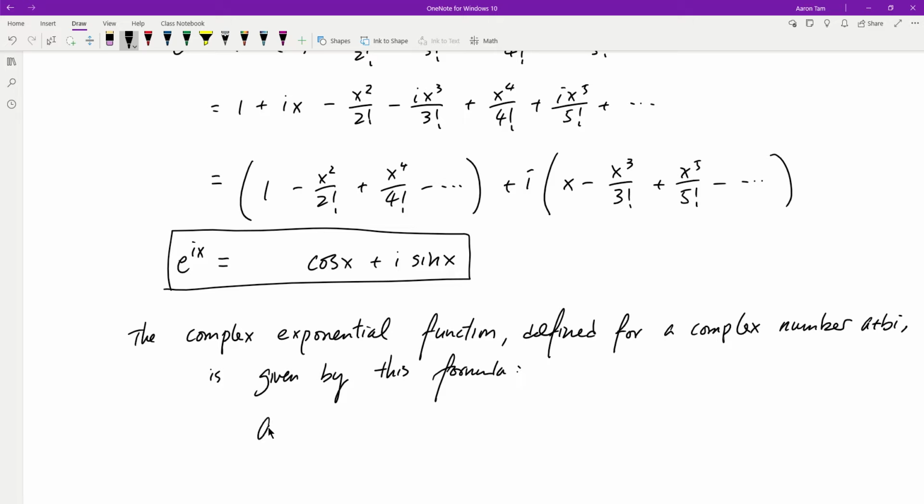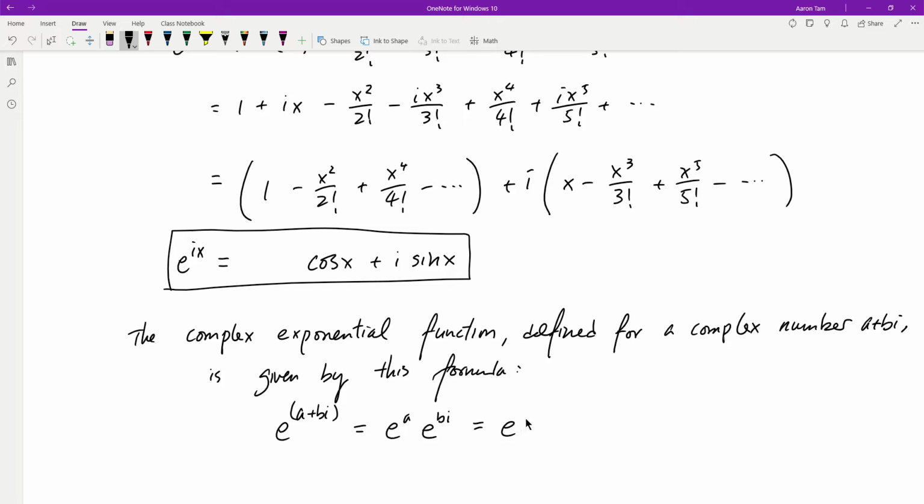So if I have e to the a plus bi as a complex number, then realize that when you add the exponents together, you are basically multiplying two terms that have the same base. So that becomes e to the a times e to the bi. And e to the bi now can be defined using the definition that we just defined.